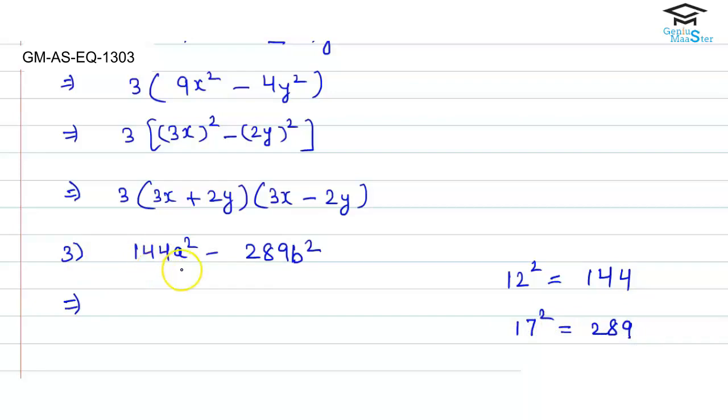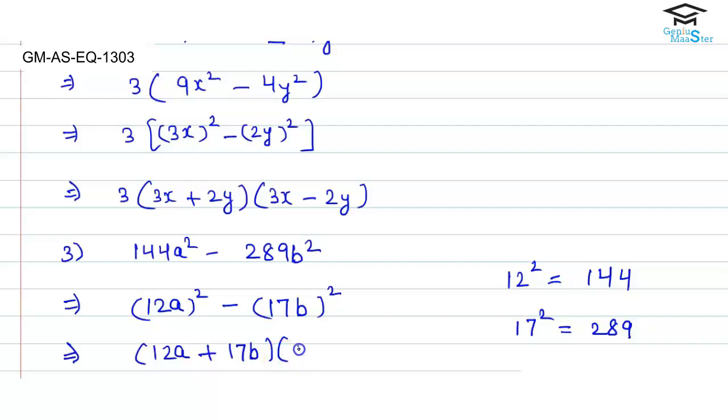So that's why we can write it as 12a whole square minus 17b whole square. Now again we will use here the identity a square minus b square. So we will factorize it as 12a plus 17b times 12a minus 17b. So these will be the factors of this given expression.